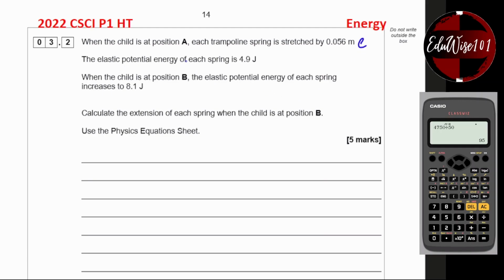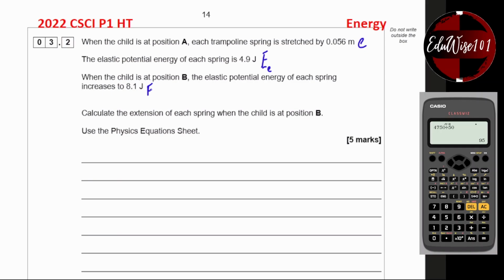The elastic potential energy of each spring is 4.9 joules. When the child is at position B, the elastic potential energy of each spring increases to 8.1 joules, from 4.9 to 8.1.